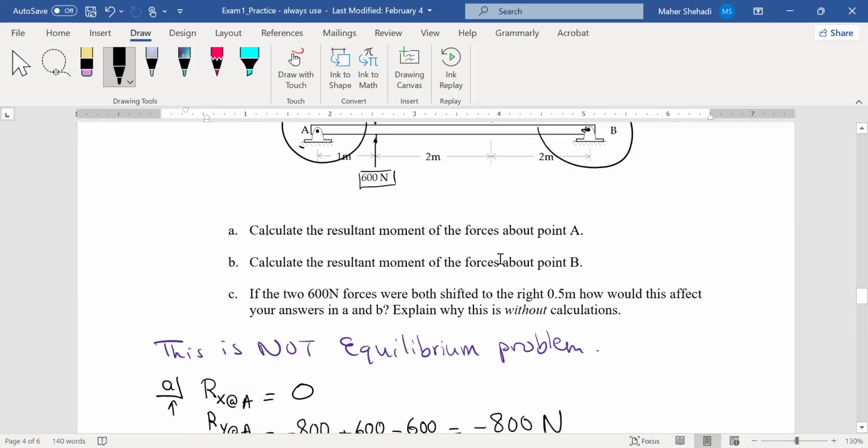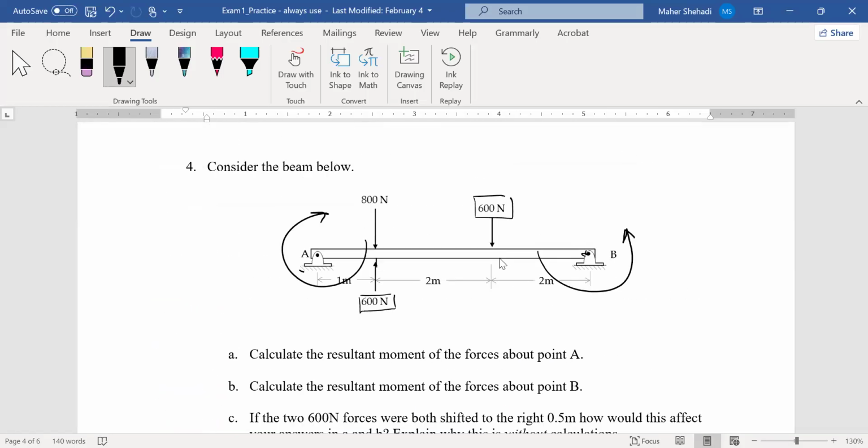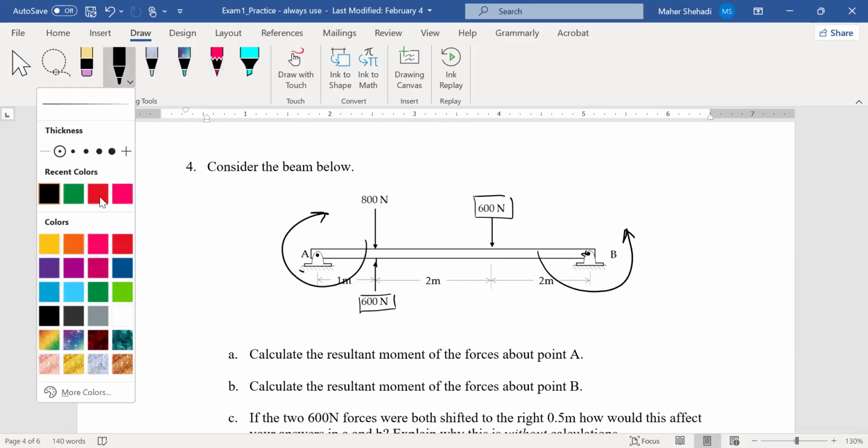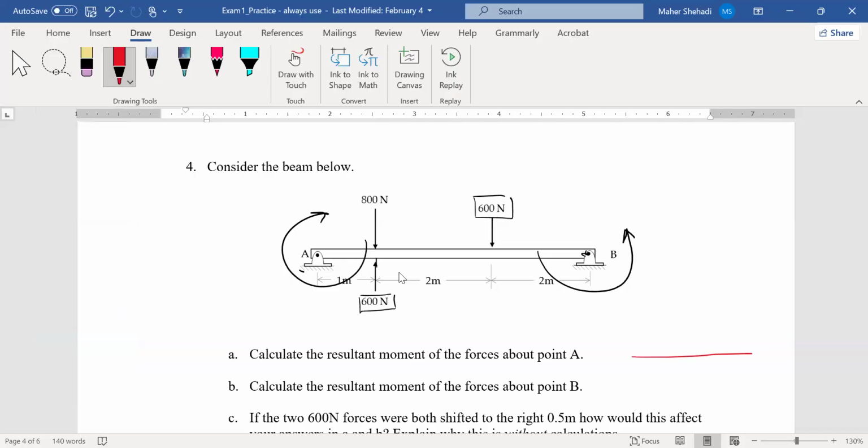So the resultant of these forces, I can replace them with, there's nothing in the X, only Ry, which is minus 800 Newtons, and a moment which is minus 2000 Newton meter.